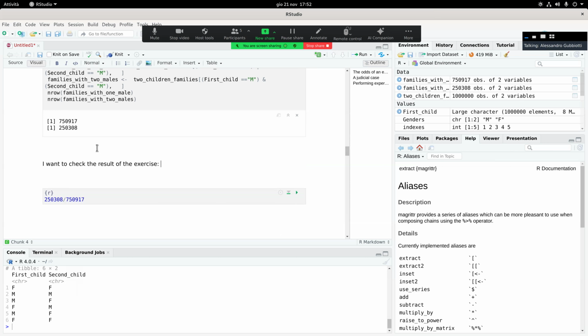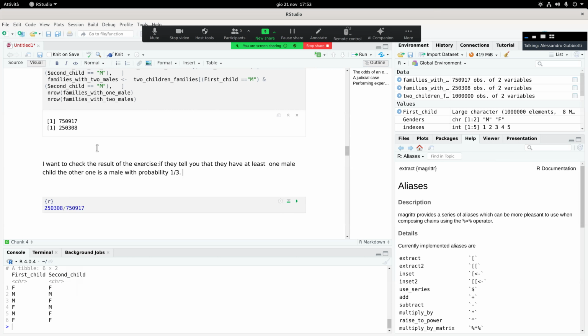If they tell you that they have one male child or more, or two, at least one male child, the other one is a male with probability 1/3.